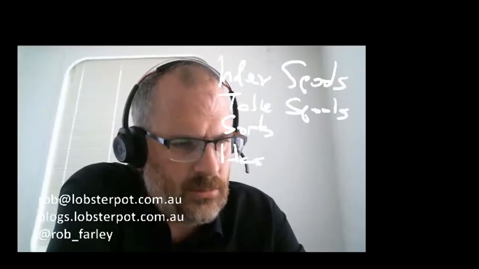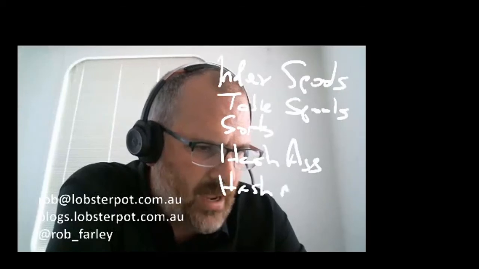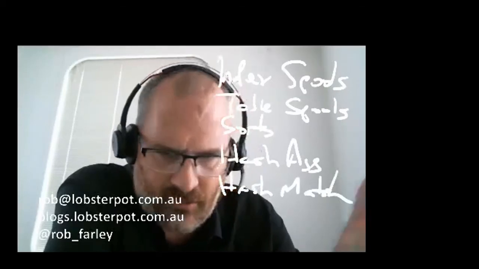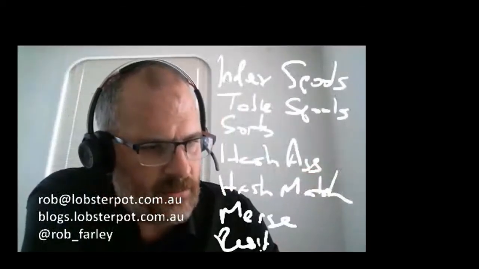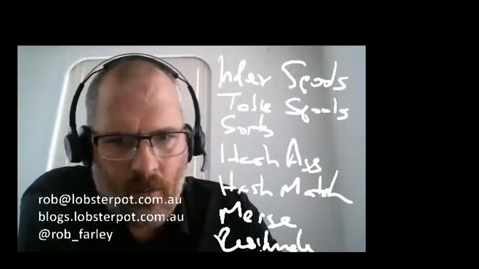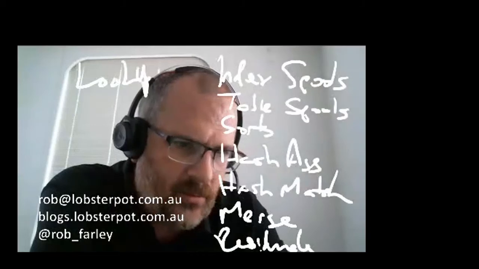Hash, and that's hash aggregate and hash matches. We did a whole series almost on join techniques, and we talked about merge as well. We talked about the residuals. We talked about lookups. And we talked about compute scalar operators. Right? They are all good.